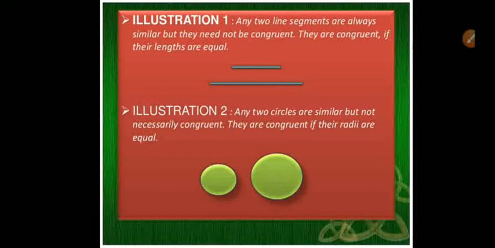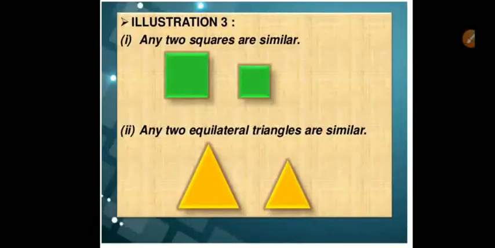Also, any two circles are similar figures, because the radii are different but the shape is the same, so circles are similar figures for any radius. If you consider a square, not any quadrilateral but specifically a square, then squares are always similar figures. In triangles, equilateral triangles are always similar figures.